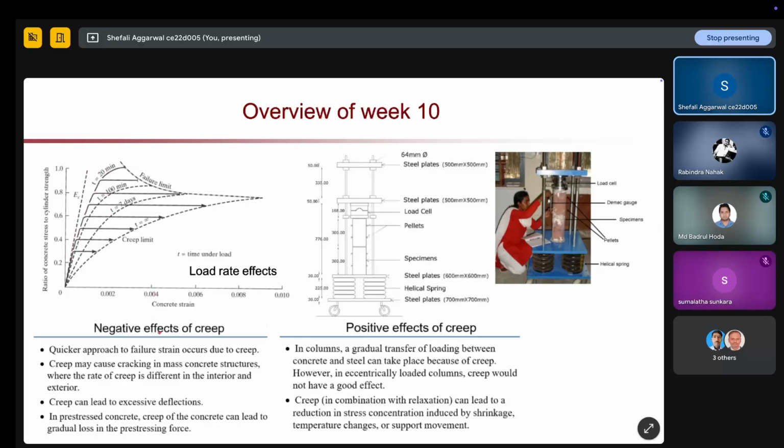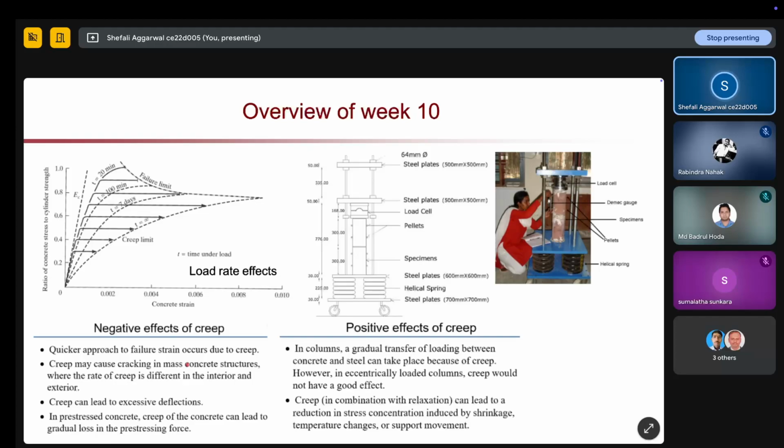Then we are talking about the negative and positive effects of creep. The negative effect, as we saw in previous slides, is that if there is creep, your failure strain will be reached much earlier than designed.